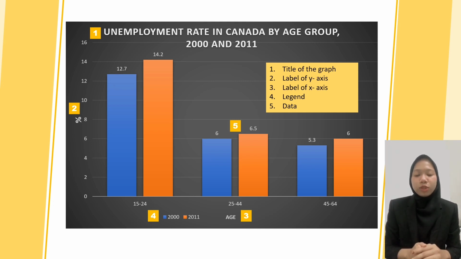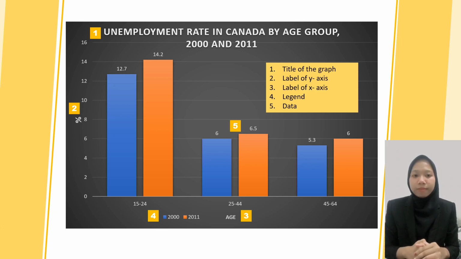Next, I would like to show you the bar graph that I already prepared. This is the illustration of a bar graph that shows the total percentage of unemployment in Canada by age. Here we can see the comparison between the year of 2000 and 2011 and more details. As you can see there are title, label for axis, legend, and data.